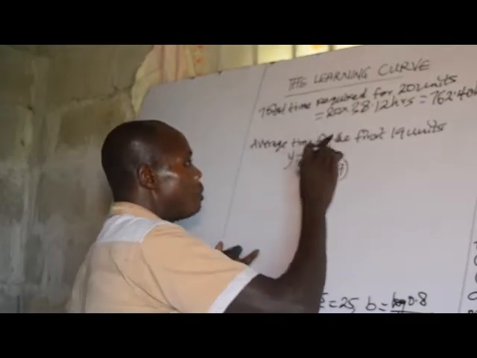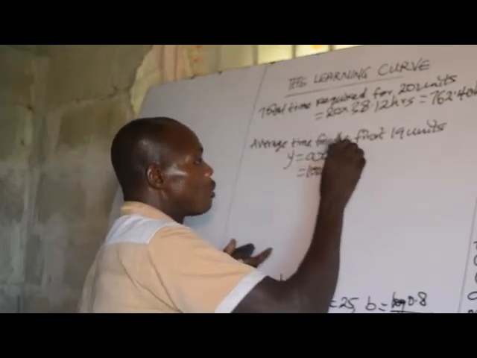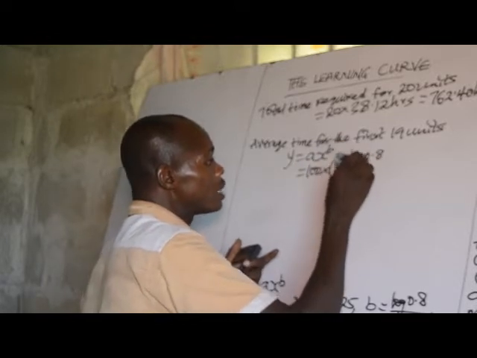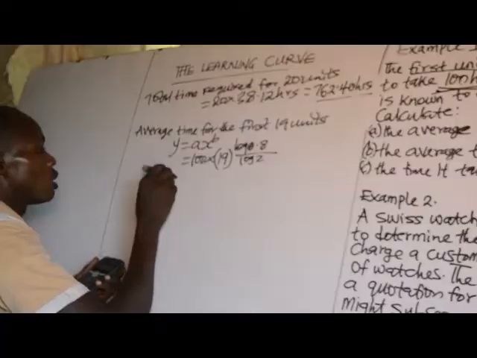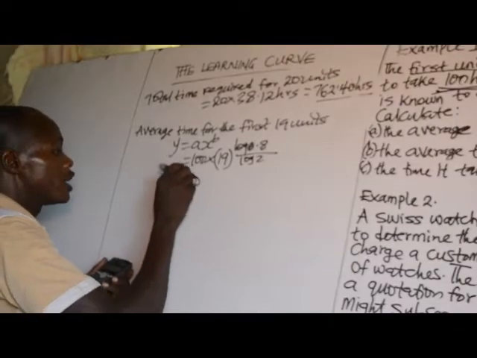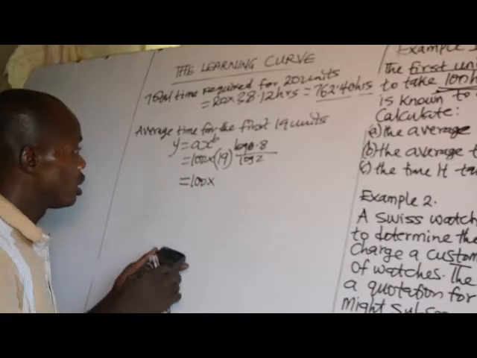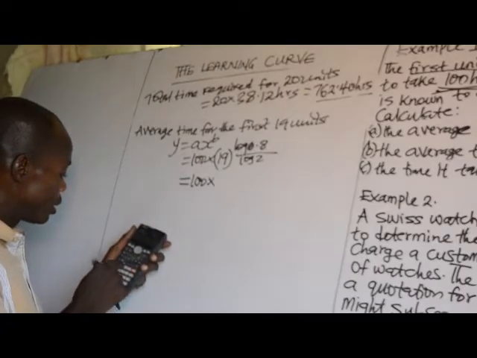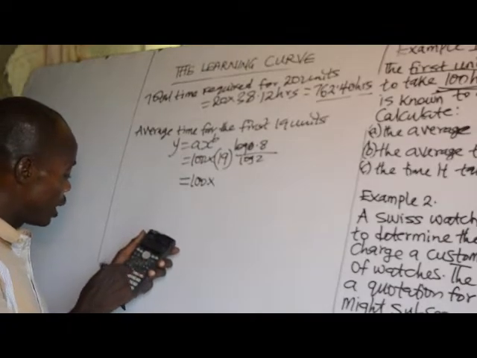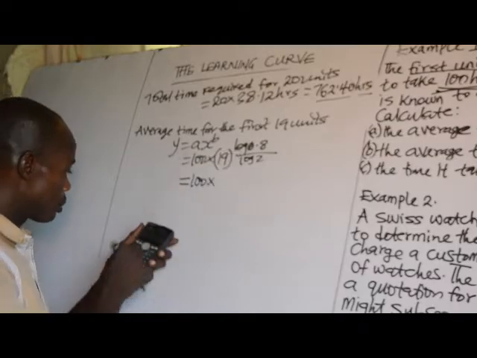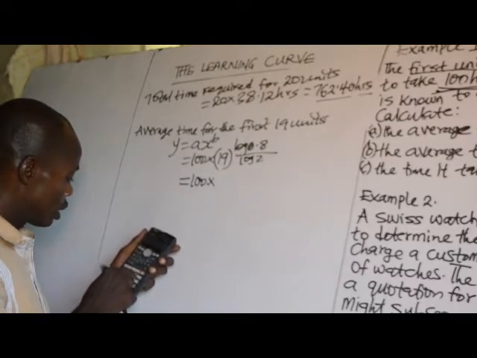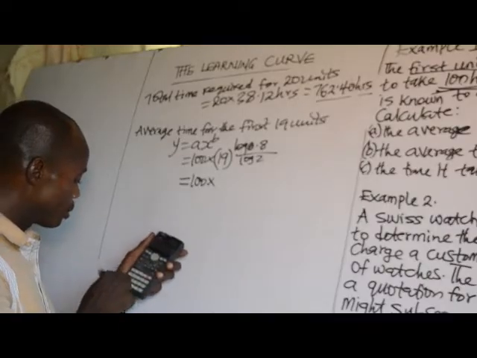Raised to power b. Our b is log of learning rate, and our learning rate is 80%, so 0.8 over log 2. We have 100 times 19 raised to the exponent log of 0.8 divided by log 2.